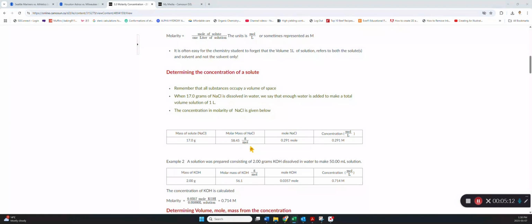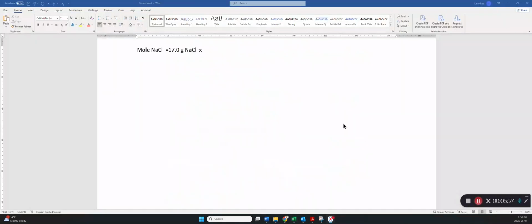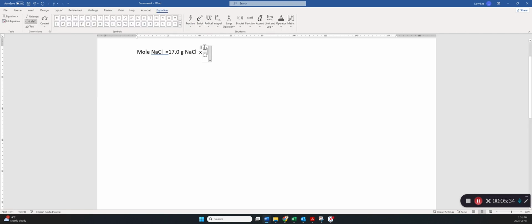In order to calculate the moles, all we have to do is take the 17 grams times 1 mole over 58.45 grams. Let's do this calculation. Okay, the calculation here is moles of sodium chloride: you've got 17 grams of NaCl, and I like to use my fraction right there.